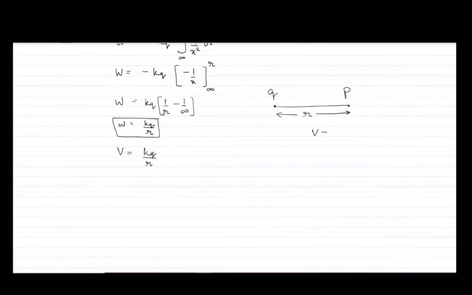The potential at this point will be kq upon r, where k is 9 into 10 to the power 9, and the charge can be either positive or negative. So the charge must be placed with sign.